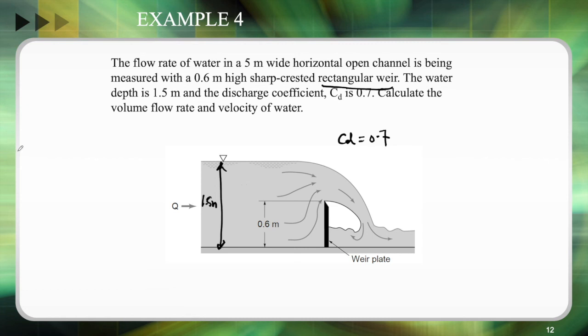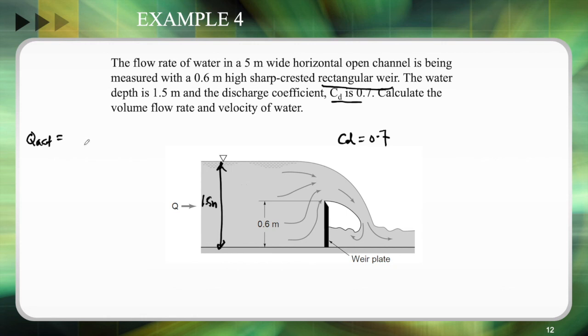Because here we are already given CD, this question wants us to find the actual volume flow rate, or actual discharge. If the question does not give CD, then you may calculate the theoretical volume flow rate. Here we have to find Q actual for the rectangular notch.